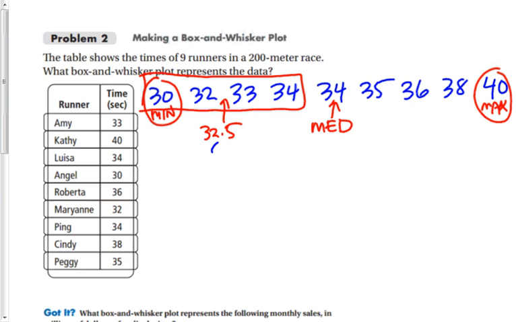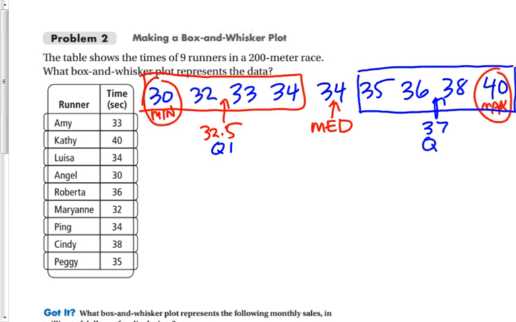And that's my first quartile. And the middle of the top half of the data is right here at 37, and that's my third quartile.